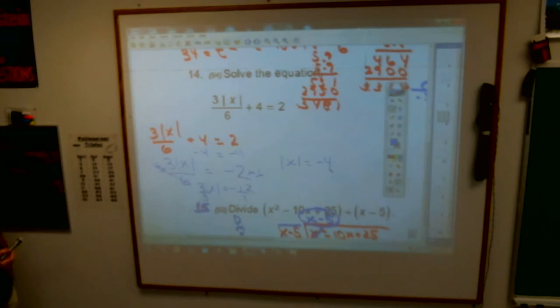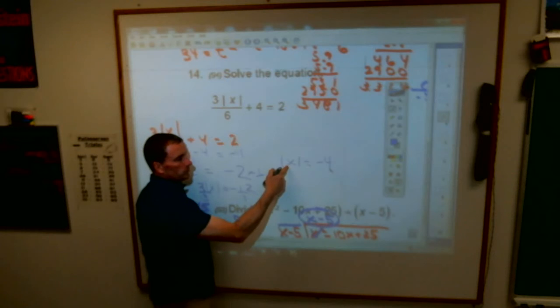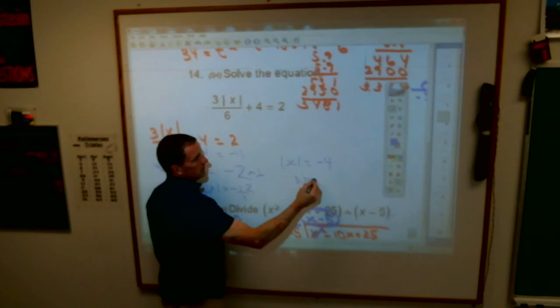And it's at this point you say, uh-oh. What's the uh-oh? What does absolute value signs do? Absolute value changes everything to a positive. There is absolutely nothing you can put in this absolute value sign that's going to give you a negative over there. This is no solution, you can't do it.